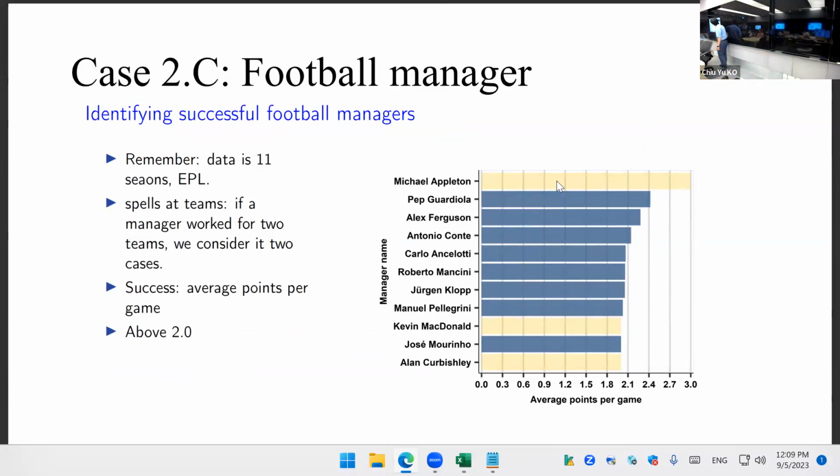I think these are the substitute managers, and they don't coach enough games. So you should focus on the blue ones instead of the yellow ones. They don't coach many games, so it's not representative. If you want to look at the good managers, look at the blue ones. So that is the idea.